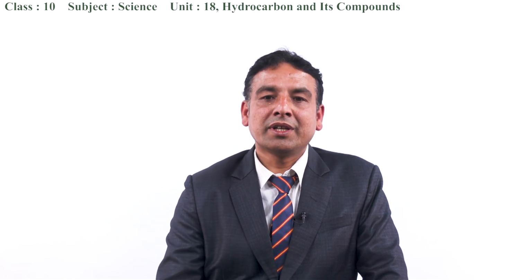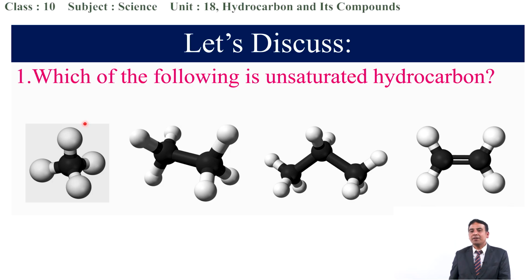You can see: which of the following is unsaturated? According to our discussions, what is the basis to recognize the hydrocarbon as unsaturated? Do you see the number of hydrogen atoms? No. Do we see the number of carbon atoms? There are 2 carbon atoms. In the third one also, you can see there are 1, 2, 3 carbon atoms. But in the fourth one, what do you find here?